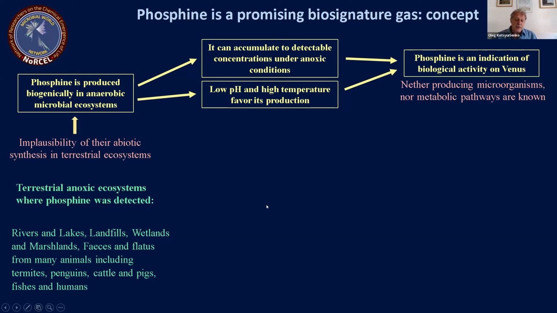The terrestrial ecosystems in which phosphine was detected are wetlands, sediments of lakes and rivers, landfills, and some other anaerobic biosystems.